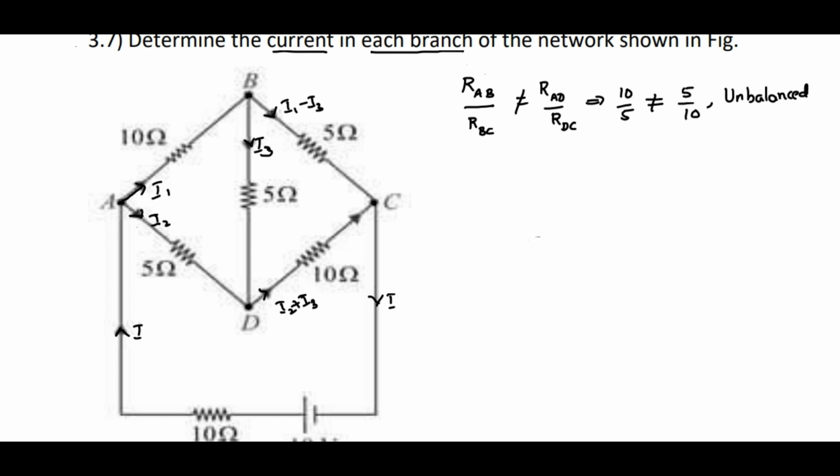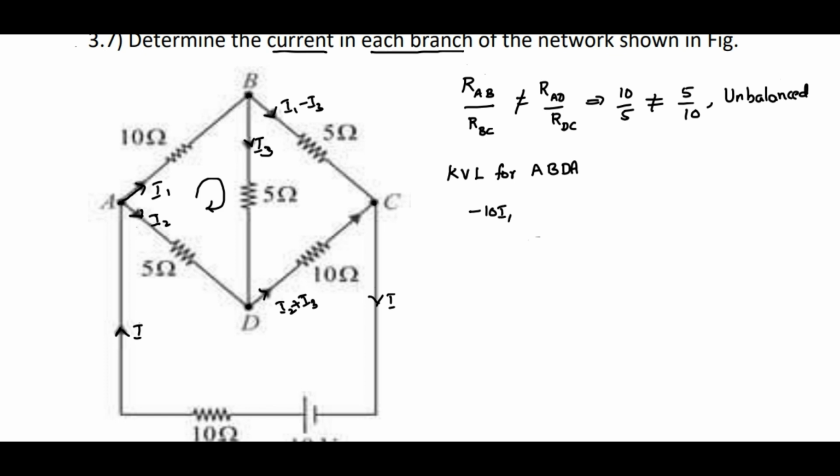Now, I am applying Kirchhoff's voltage law for the loop ABDA. The potential difference from A to B in the direction of the current I1 will be minus 10 I1.